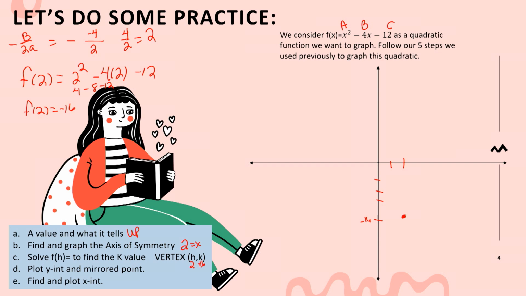The next thing I'm going to do is plot my y-intercept. Well, what is my y-intercept? Negative 12. It's right there. And then it'll be right there. Next thing I want to do is find those x-intercepts. So how do I do that? Solve for my zeros. I've got x squared minus 4x minus 12. Let's see if we can factor it. Factors of 12 that will subtract to give me a negative 4.